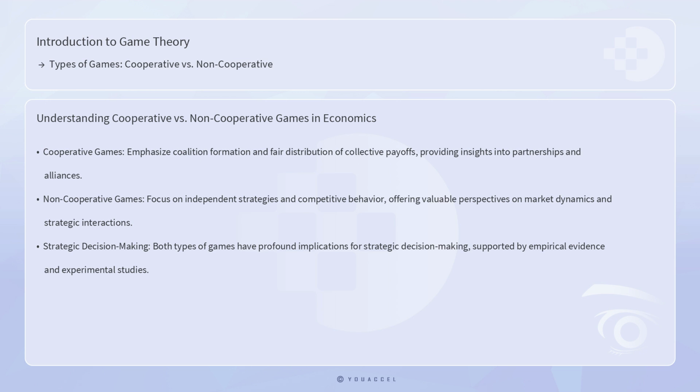Both types of games have profound implications for strategic decision-making, and their concepts are supported by empirical evidence and experimental studies. By grasping these distinctions, one can better analyze and predict the outcomes of various strategic interactions in economic contexts.